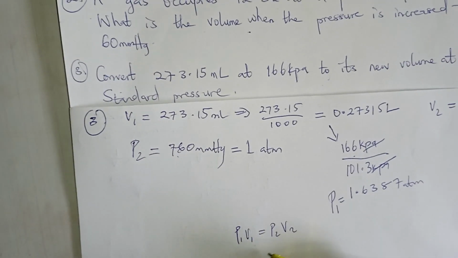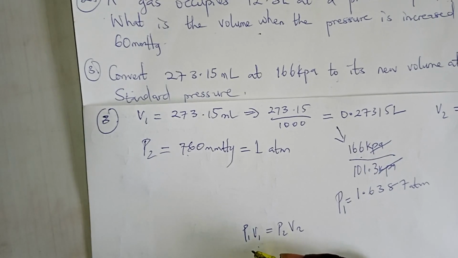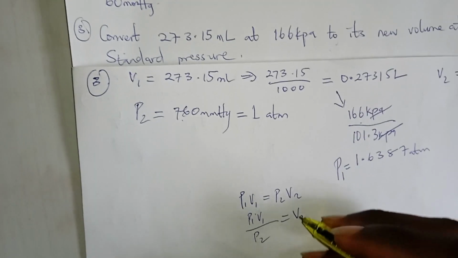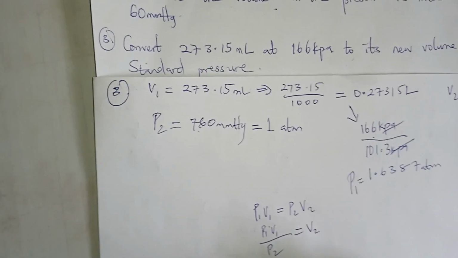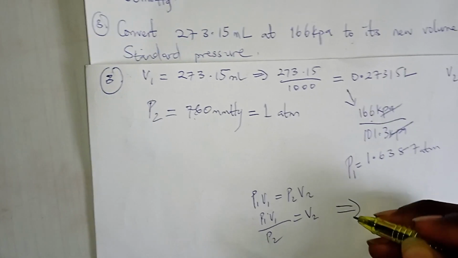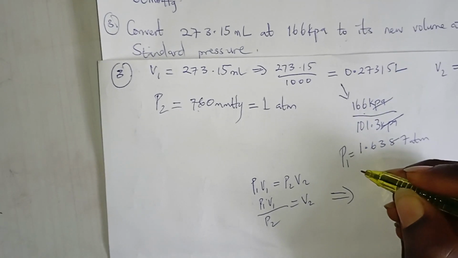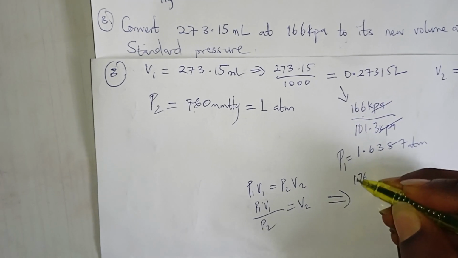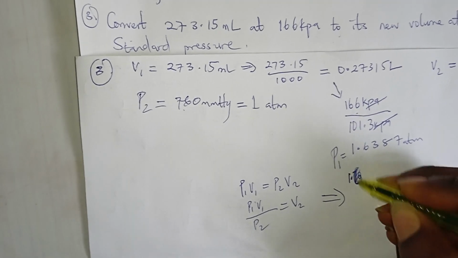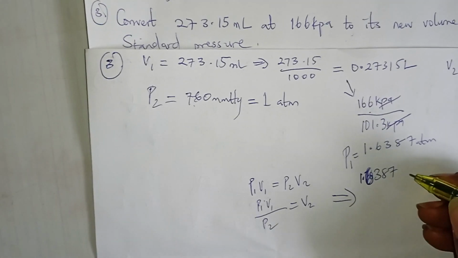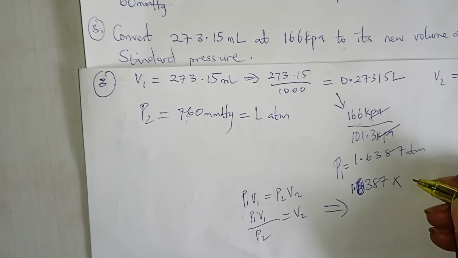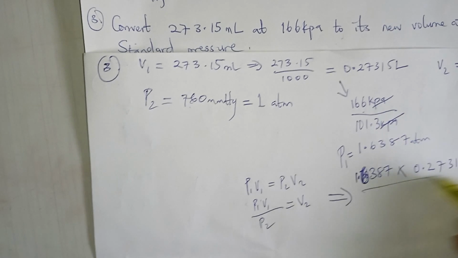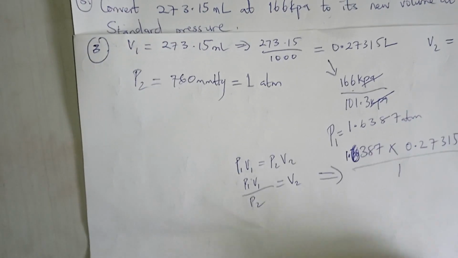To find V2, the new volume, it is P1 V1 all over P2 equals V2. Substituting, P1 is 1.6387 atm times V1, which is 0.27315 liter, all over P2, which is 1 atm.